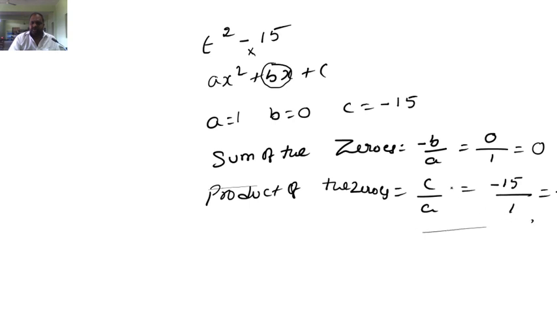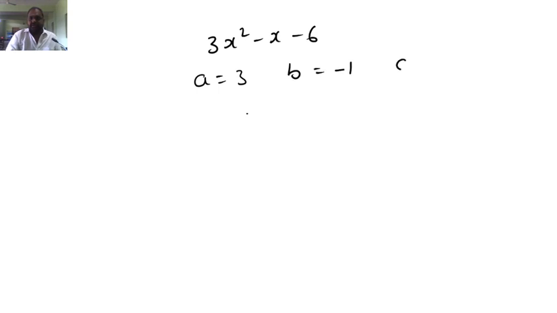Okay students, these are very important questions. Last one, 3x square minus x minus 6. Here a is equal to 3, b is equal to minus 1, c is equal to minus 6.